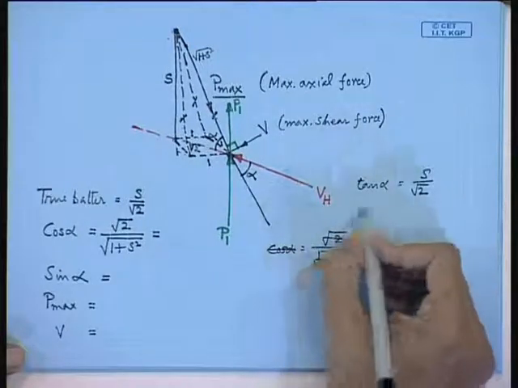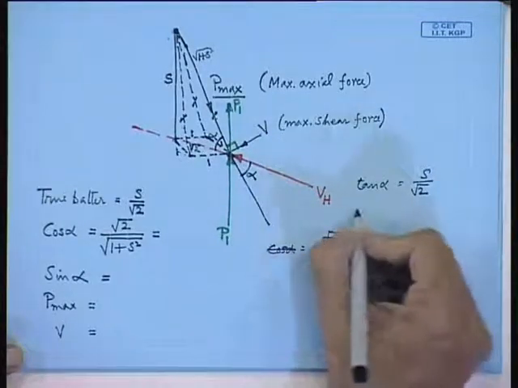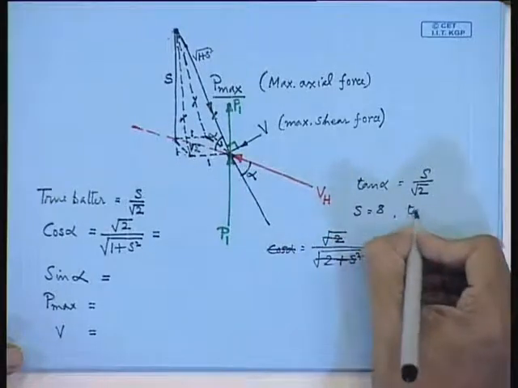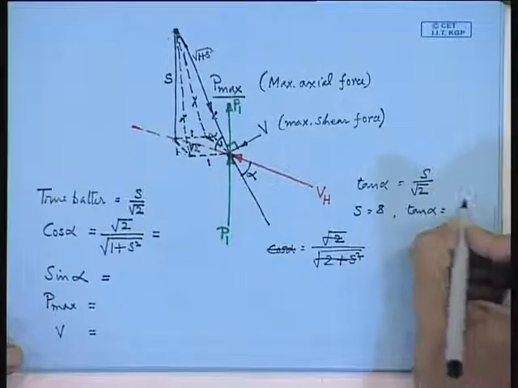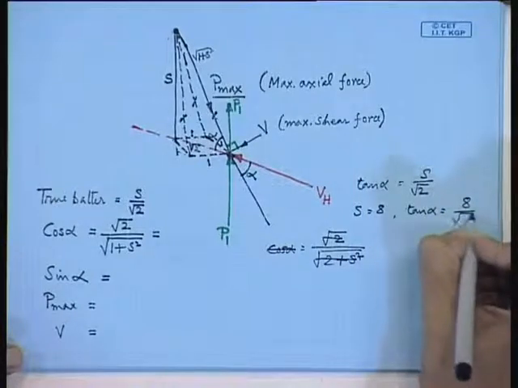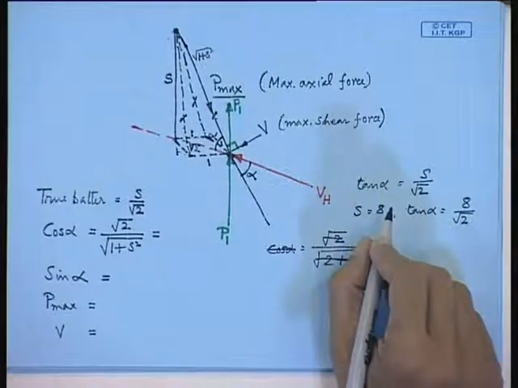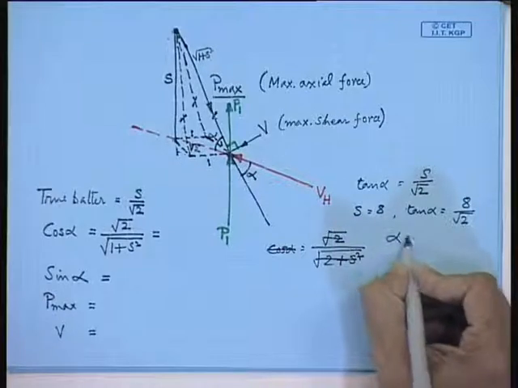So alpha, how much are we getting from this? Say S is given as 8. So tan alpha, according to your calculation, is 8 over root 2. So the better angle is coming. Actually they don't tell the better angle like this. So alpha is coming as how much?